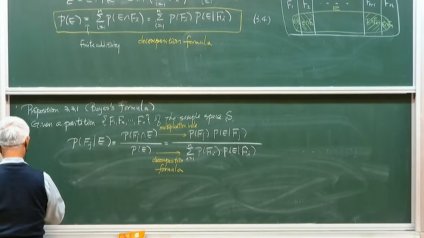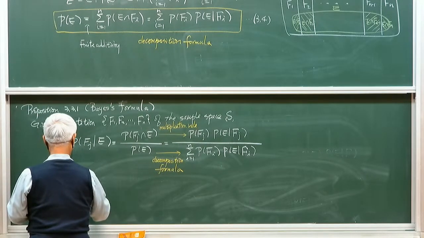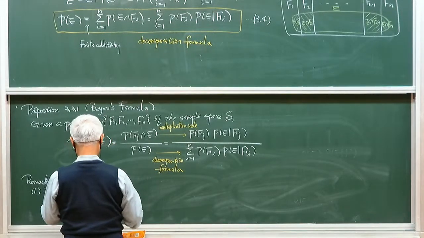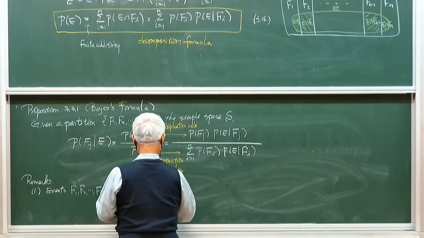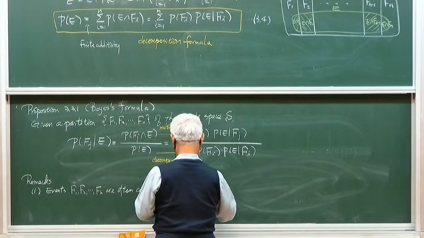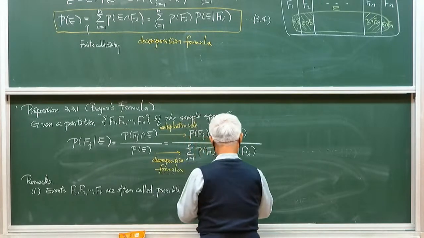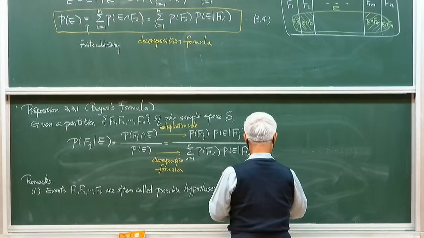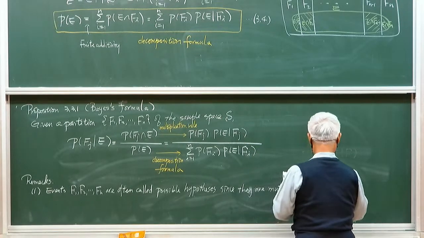One, the events F1, F2 up to Fn are often called possible hypotheses, since they are mutually exclusive and exhaustive.